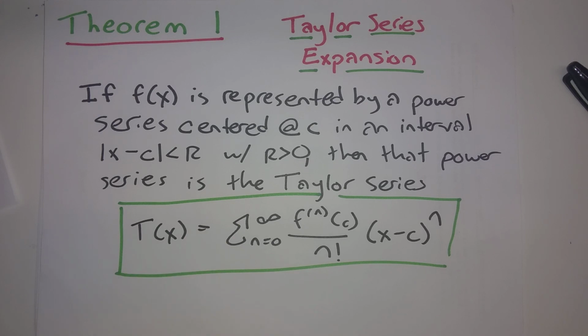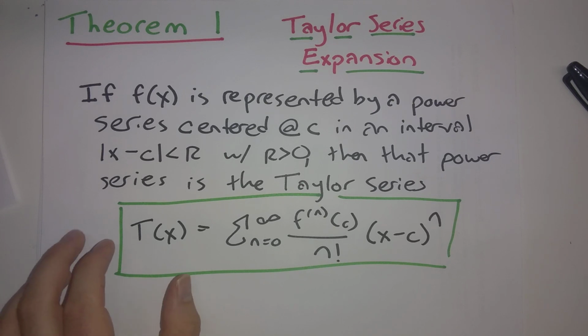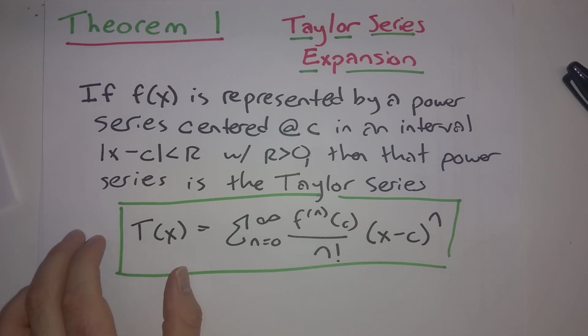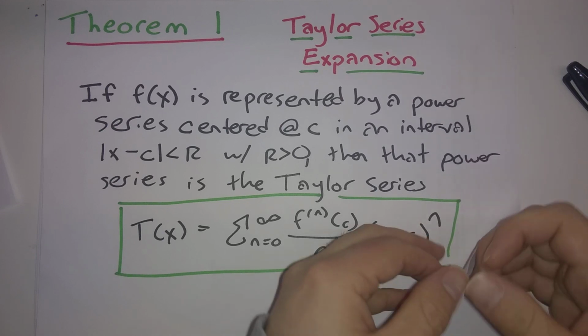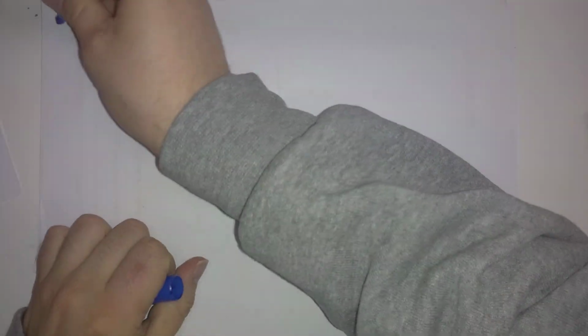So what does this do? This tells us that the only power series that could represent our function, if we do have a power series that exactly matches our function on some interval, has to be the Taylor series. And this is actually something that we will prove together here.